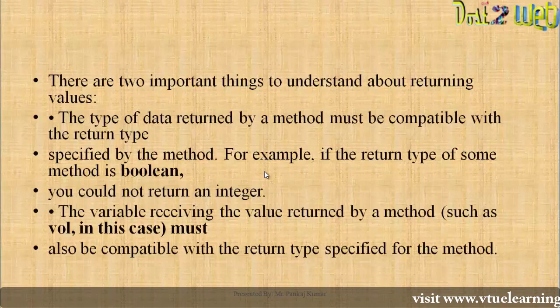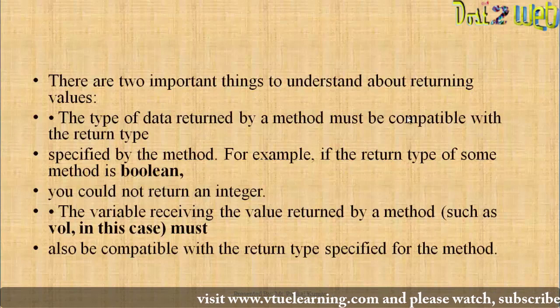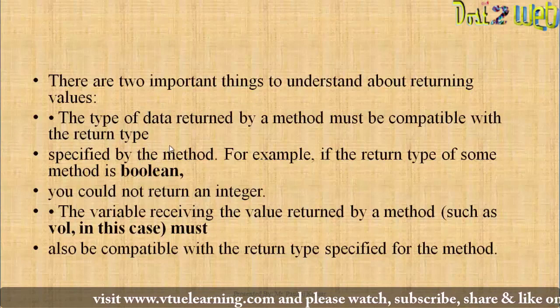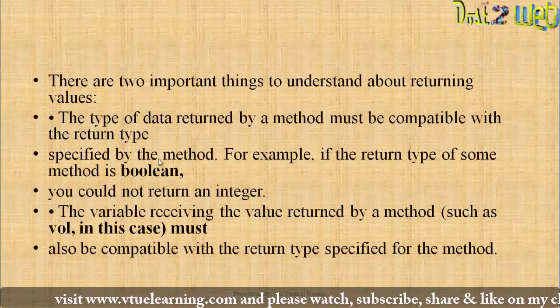You can use boolean also in the return. There are two important things to understand regarding returning values. The type of data returned by a method must be compatible with the return type specified by the method.